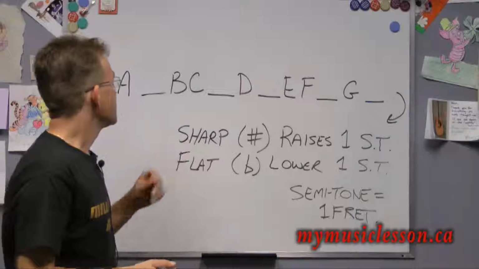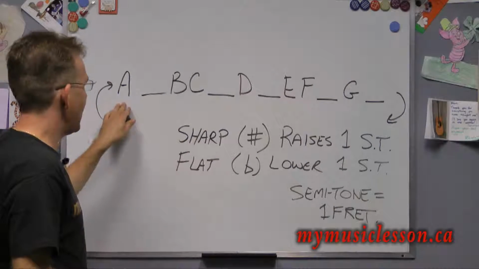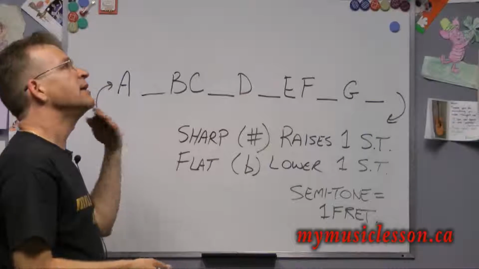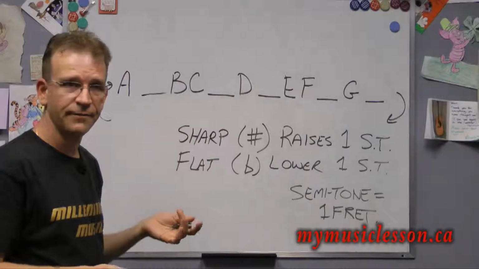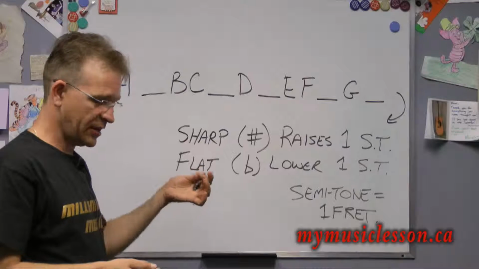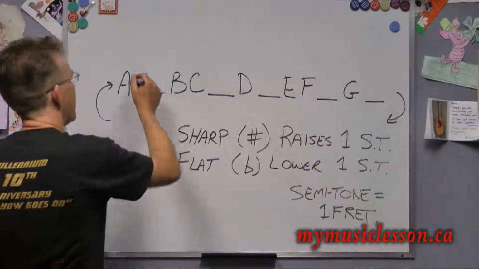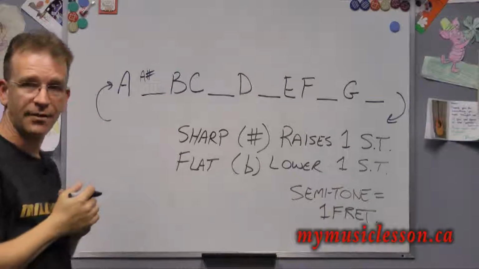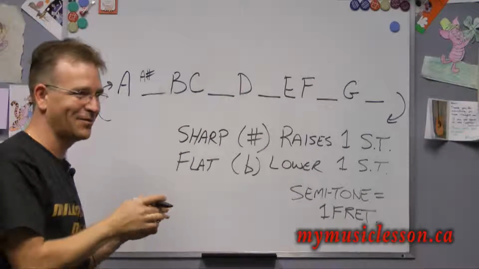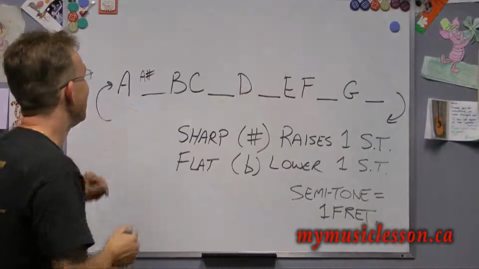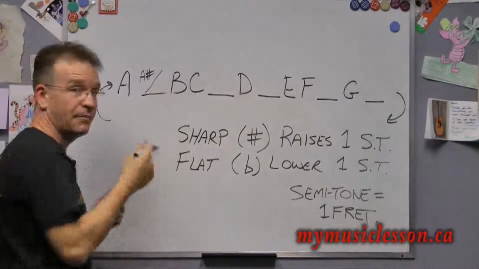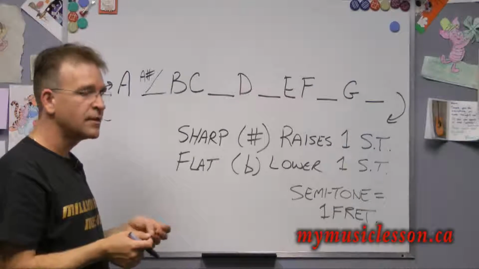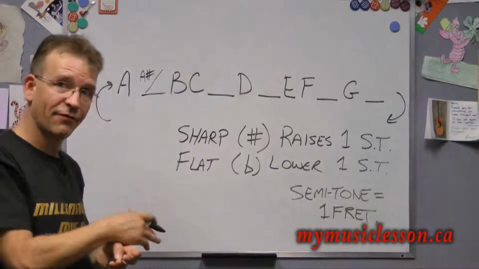So basically, if I was to take this A note, for example, let's say it was the second fret on the third string, and I move that towards me, or up one fret, that becomes what we refer to as A sharp. By the same token, I can take a B, which happens to be the fourth fret on the third string, and I can lower it down, or back a fret.